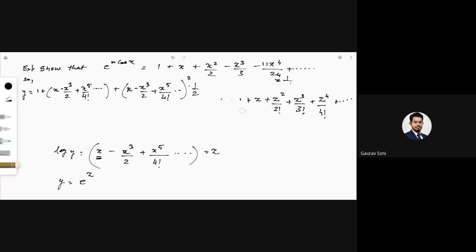Then we will have the cube term, then we'll have plus x minus x cube divided by 2 plus x raised to 5 divided by 4 factorial, whole cube into 1 upon 3 factorial, which is 6, plus x raised to 4.